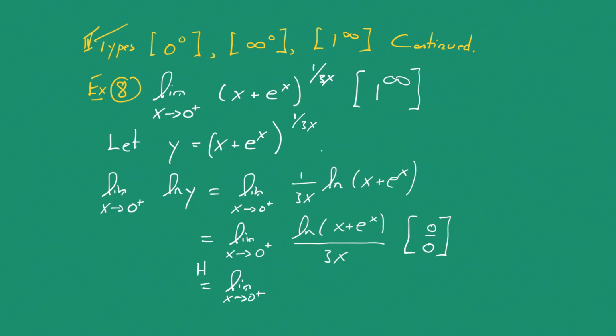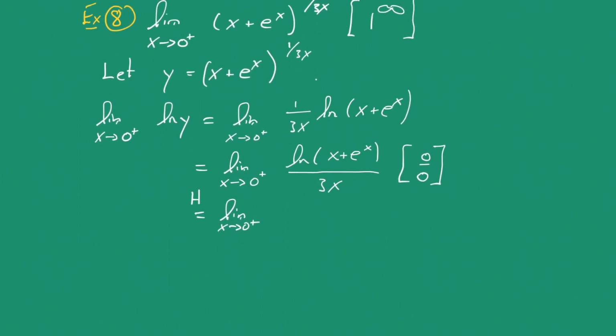So what do we do? Well, remember, we're going to just evaluate the derivative of the numerator and the derivative of the denominator. And what are we going to get? This is equal to the limit as x tends to 0 from the right. Differentiating that numerator, we're going to get 1 over x plus e to the x using the chain rule.